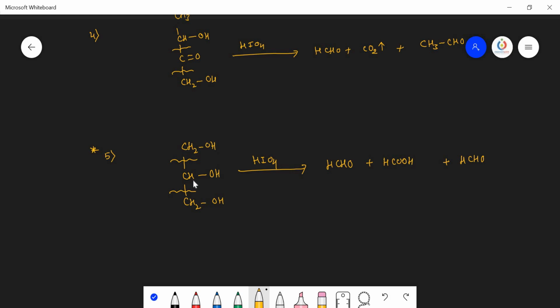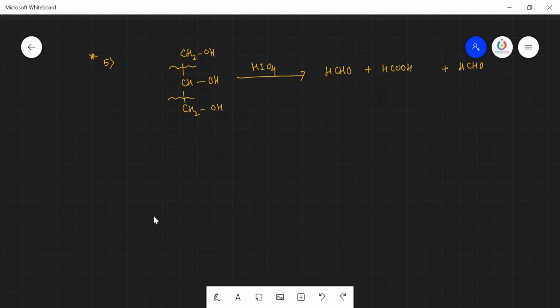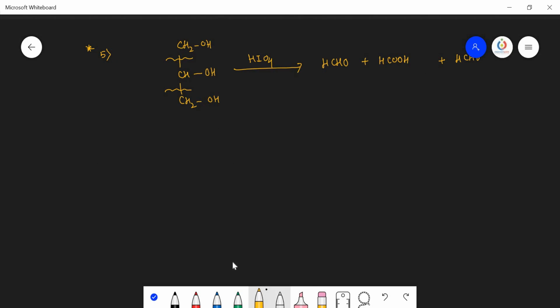So any OH-bearing carbon atom, if it is broken on both sides, will be converted to the carboxylic acid. If it is broken on only one side with hydrogen, it shall be converted to the aldehyde. Broken on only one side with no hydrogen, it shall be converted to the keto group. So I'll write the points here. You just note down those points. Note: the condition is OH groups must be on adjacent carbon atoms.